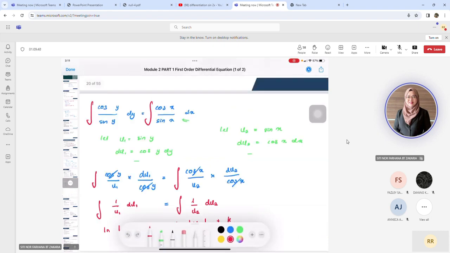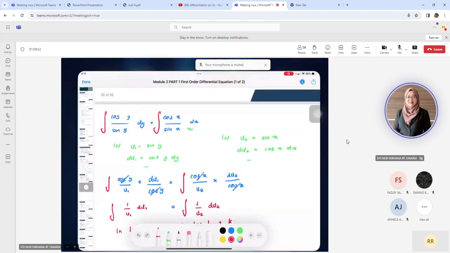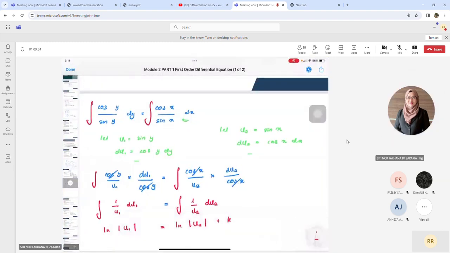Okay. So sorry. So this one rearrange, or you can substitute back your u1. So u1 is equal to sin y. So this is ln sin y equals ln u2, which is sin x, so ln sin x plus k.